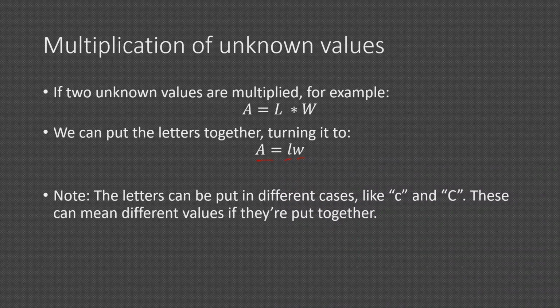Something to also note is that in some equations you can see something like 4 capital letter C plus 5 small letter c equals 10, maybe something like that. Although it's very rare to see equations like this, it's possible.